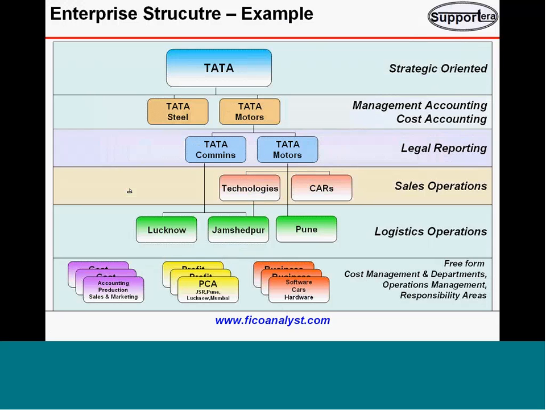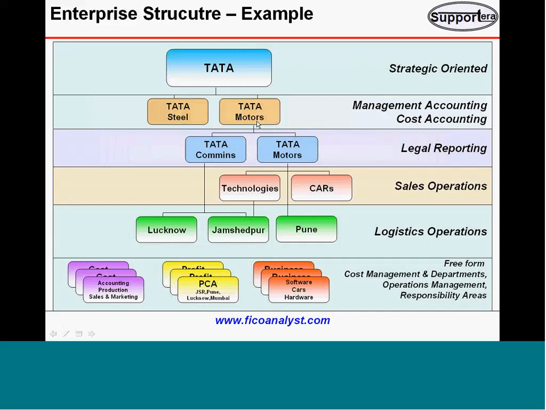The entire Tata Group of companies, you can say that is the operating concern, which is one operating concern. And if you think of Tata Group, I don't know whether you are aware or not, Tata Group has two major companies. Obviously, they have many more companies, but I listed two major ones here.